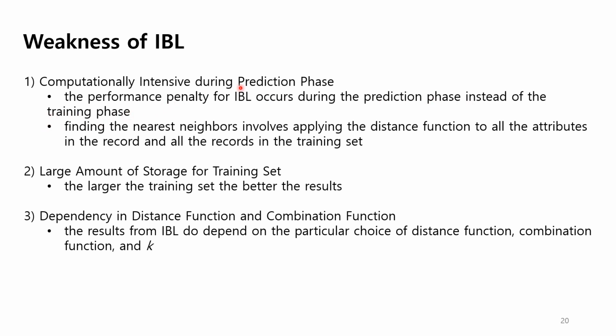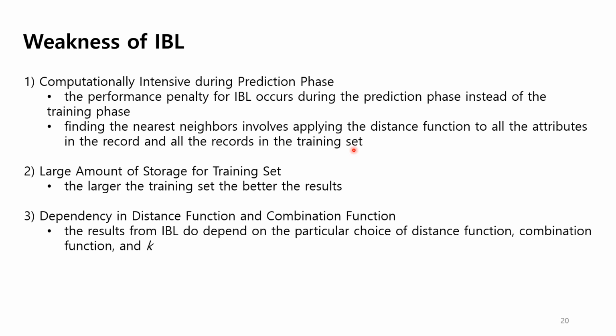In the prediction phase, it finds the nearest neighbors by applying the distance function to all the attributes of all the records in the training data.